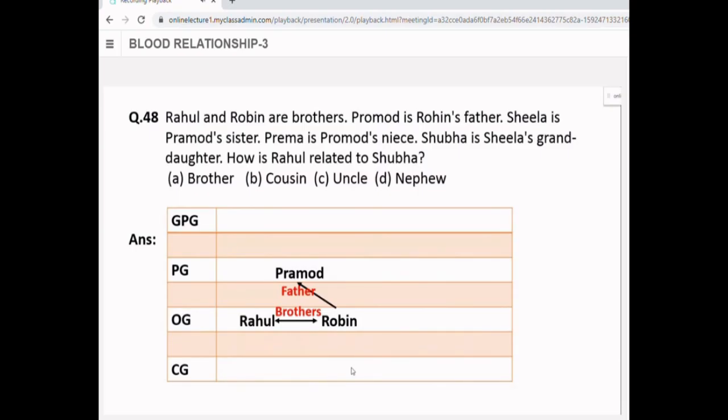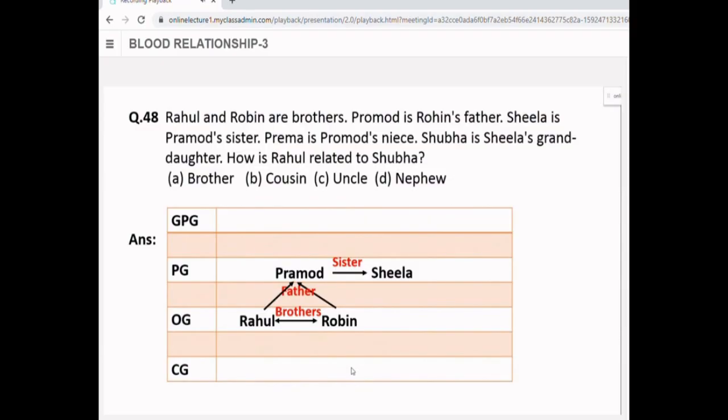So here, Pramod is Robin's father. Even he is father of Rahul also, because Robin and Rahul are brothers. So Pramod is father of Rahul and Robin. Further, Sheila is Pramod's sister. Prema is Pramod's niece.